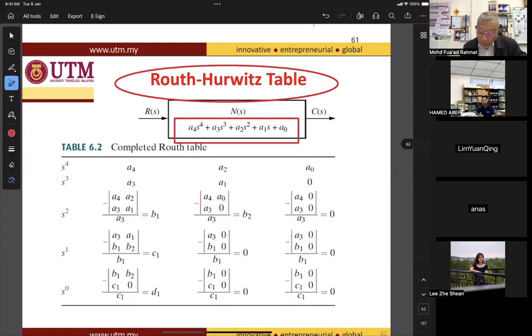We call it the characteristic equation. So find the coefficients A4, A3, A2, A1, and A0.